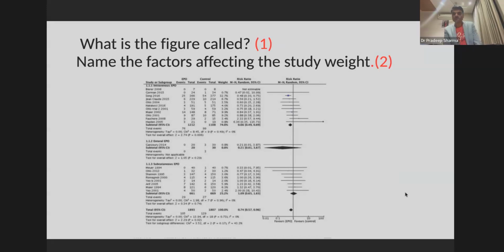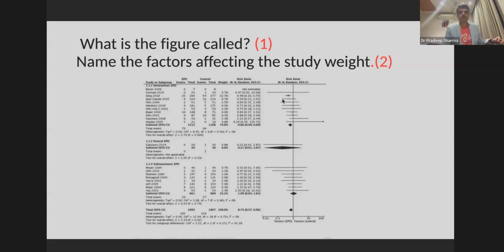So what individual weight is contributed by? There are two things that affect this. One is the sample size. The bigger the study, the more it will affect the weight, and also, most importantly, the number of events.